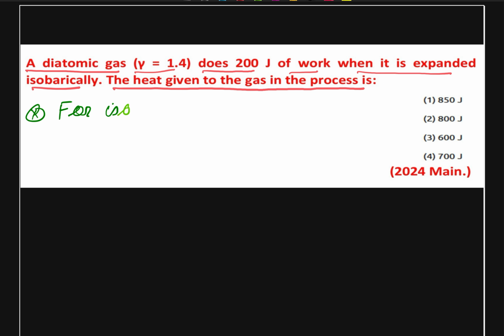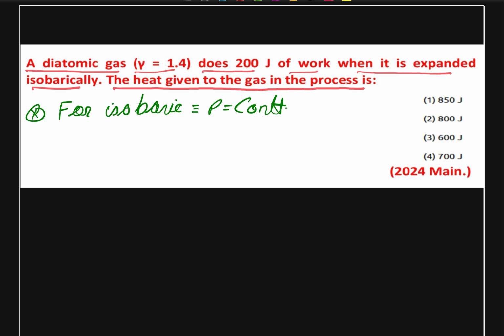Okay. So we can write the formula that for isobaric, pressure is constant.